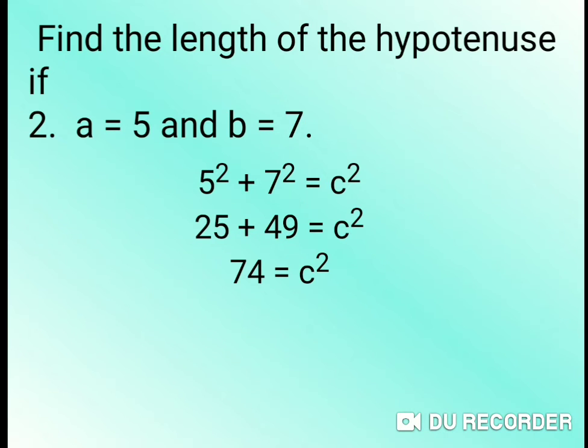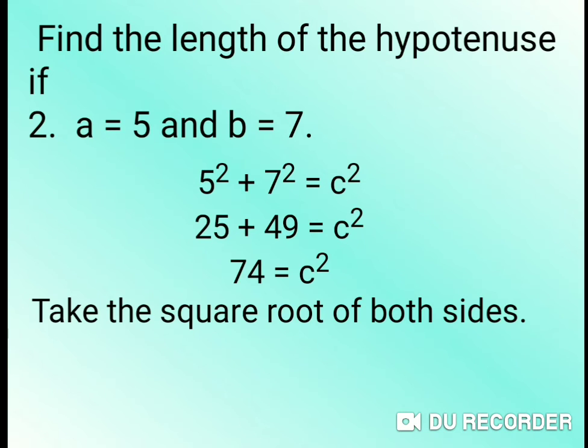Next, since we need the length of the hypotenuse, and the hypotenuse is c, not c square, again we need to take the square root of both sides. The square root of c square is c, and it is equal to root 74.